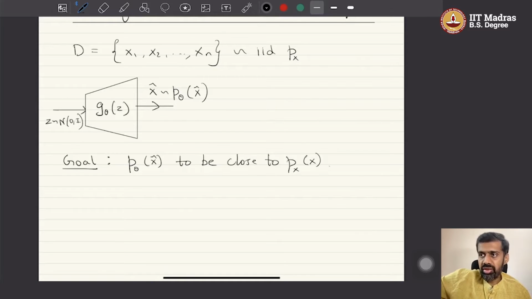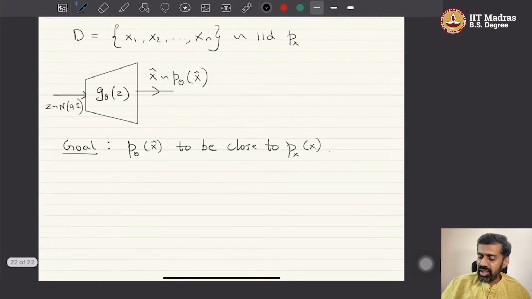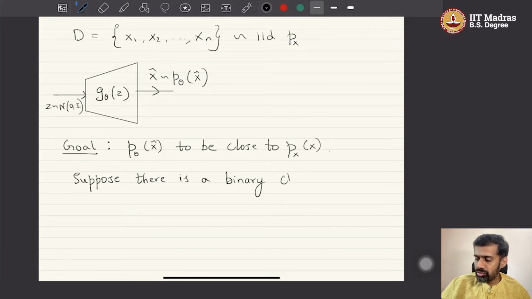We know that interpretation of a GAN, right? Now let's say that there exists a classifier. Suppose there is a binary classifier, let's call it D w.